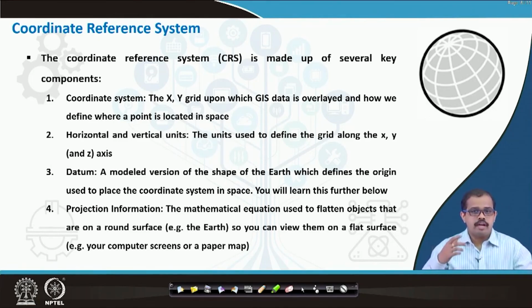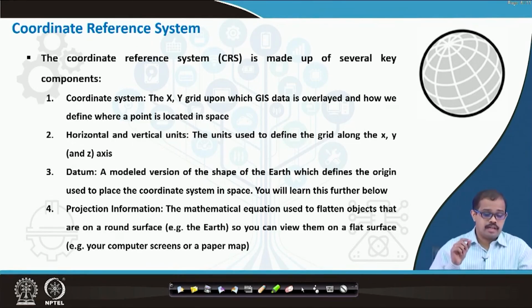Then there is a modeled version of the shape of the earth which defines the origin used to place the coordinate system in space. That is nothing but a datum.